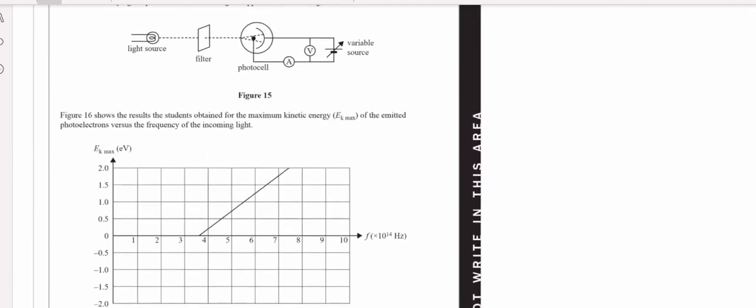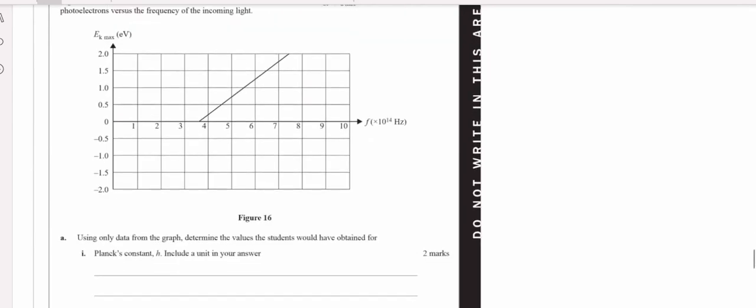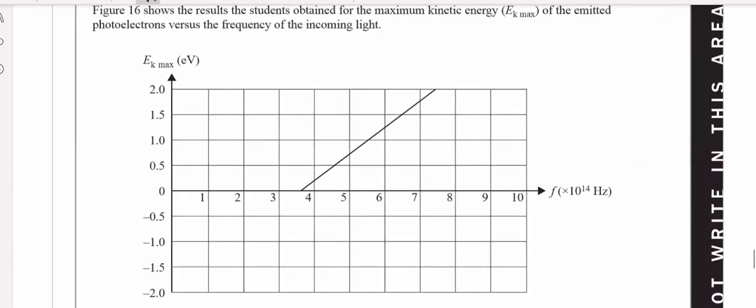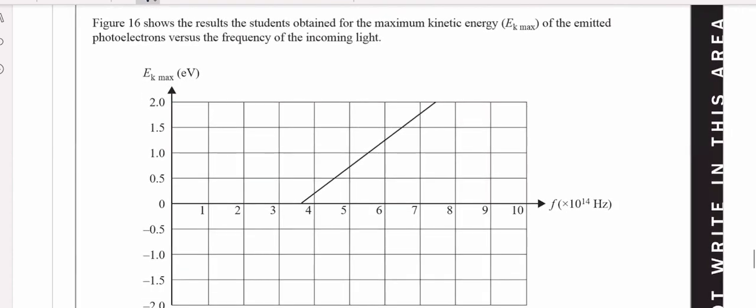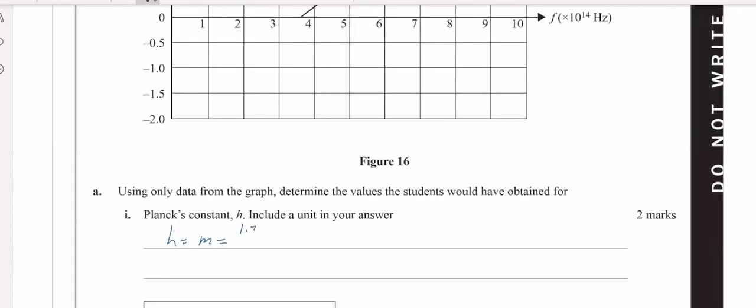It's the photoelectric effect. Asking for the Planck constant, which is the gradient. We can choose any 2 points on the graph. I'll just take 1.75 minus 0.75 over 7 minus 5 times 10 to the power 14.